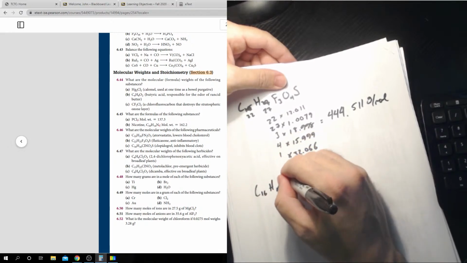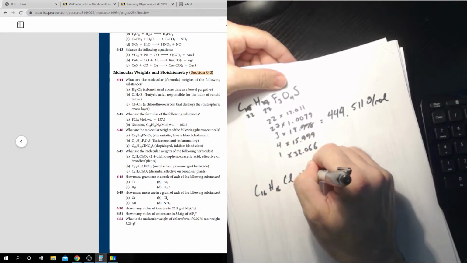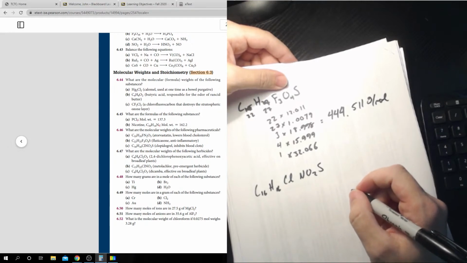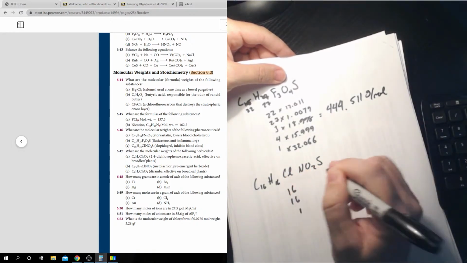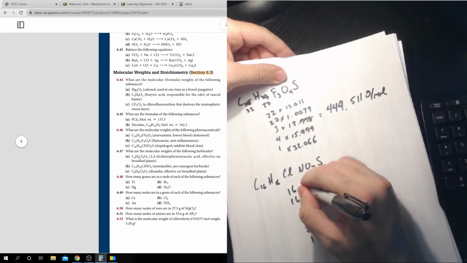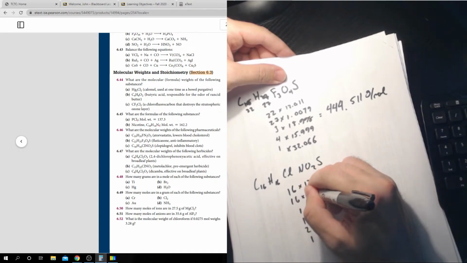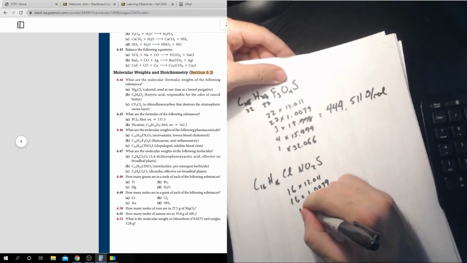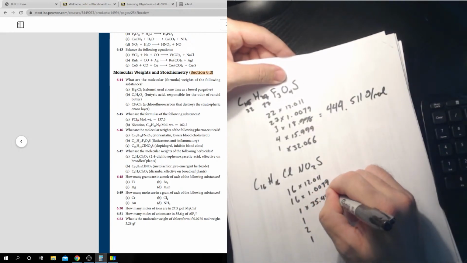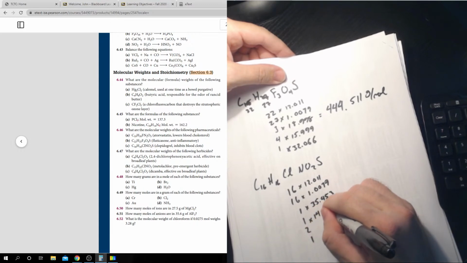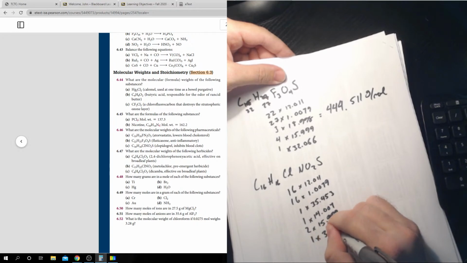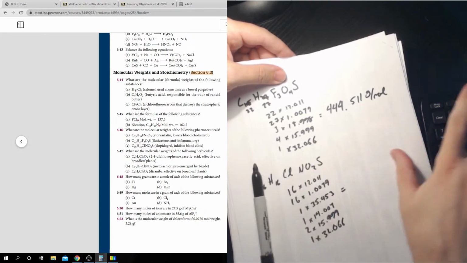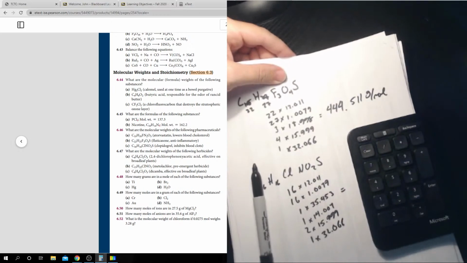And finally, C16H16ClNO2S. Which one is that? Clopidogrel, inhibits blood clots. 16, 16, 1, 1, 2, 1 times 12.011, 1.0079, 35.453, 14.007, 15.999, 32.066.